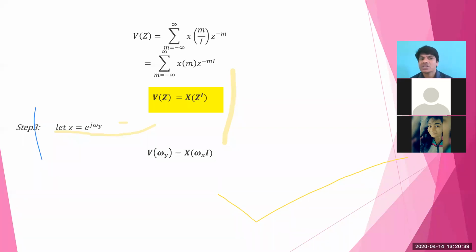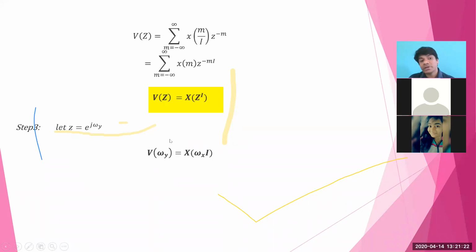So that is like the z transform of x of z power I. As I told you earlier, to get the DTFT or the frequency domain representation of the upsampler, we are going to replace z with e power j omega y and e power j omega x, since it is the input here. As I mentioned earlier, just for the sake of simplicity, we are not writing e power j omega y or e power j omega x. We are just writing v of omega y and x of omega x.